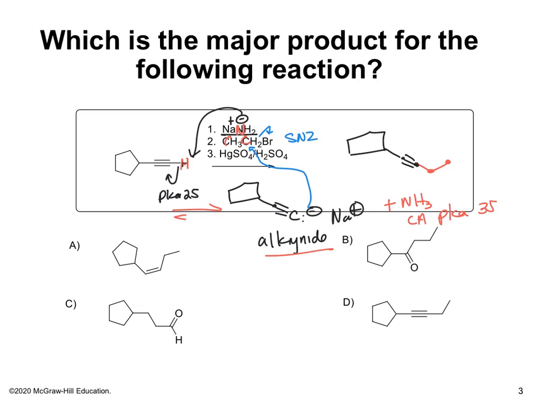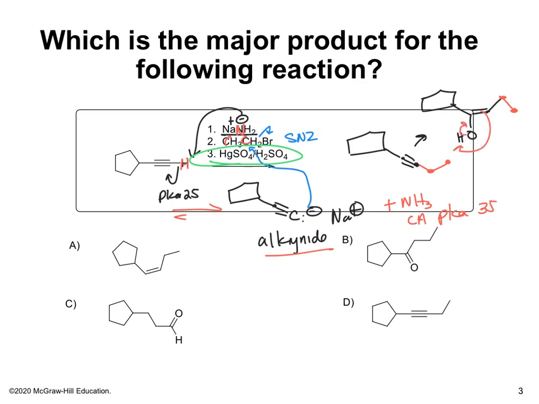And then our next reagent is mercury sulfate and sulfuric acid. We have an alkyne that's going to make an enol. Regiochemistry, you might get both enols, but for our purposes, we're going to do this one because that is what we see as an option.